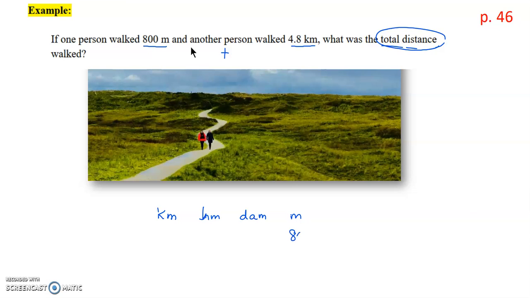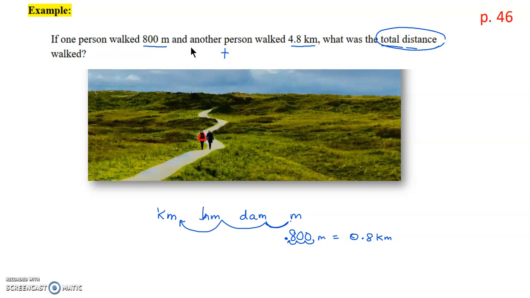So we're going from 800 meters and we're going back 1, 2, 3 decimal places to the left. So I'm going to convert by moving my decimal 3 places to the left. So 800 meters is equal to 0.8 kilometers.